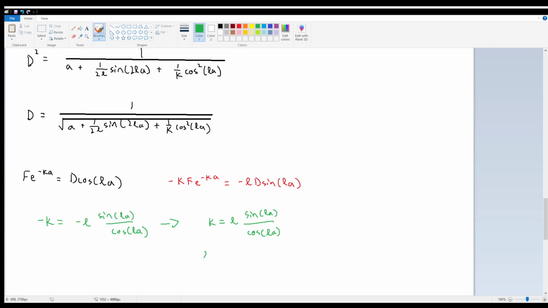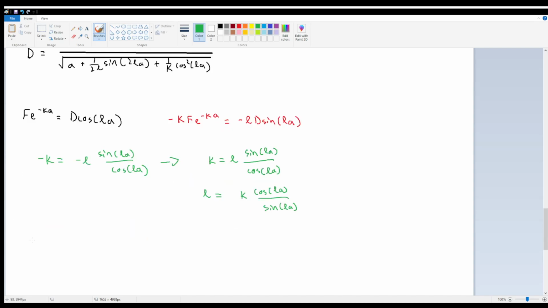So if we do that, then L is equal to K times cosine of LA over sine of LA, in which case D is now equal to, with the bottom being A plus 1 over 2L sine 2LA. And if we express L in terms of K, then 1 over L is going to become 1 over K times sine of LA over cosine of LA.